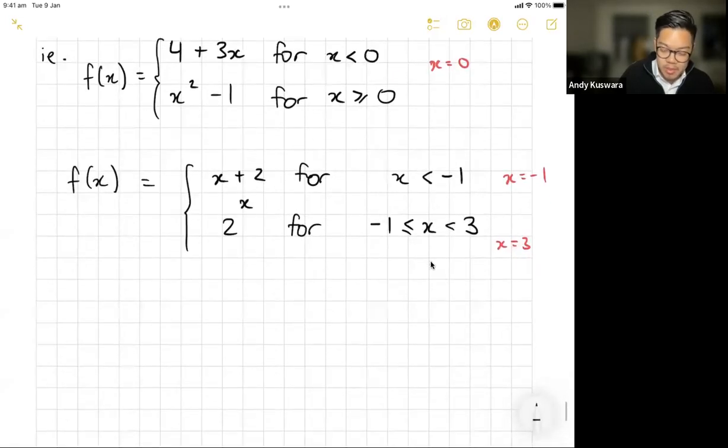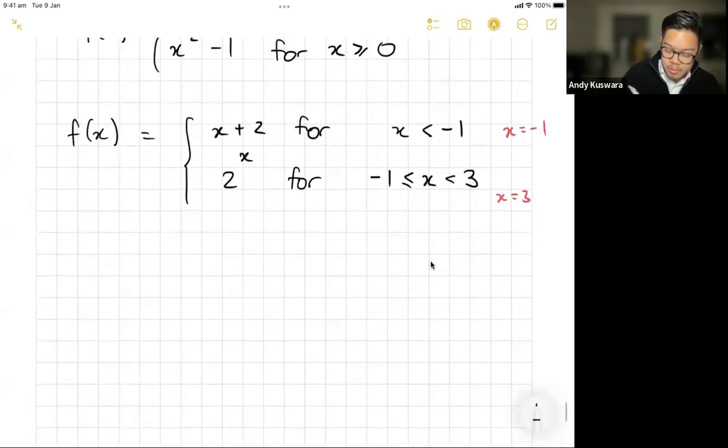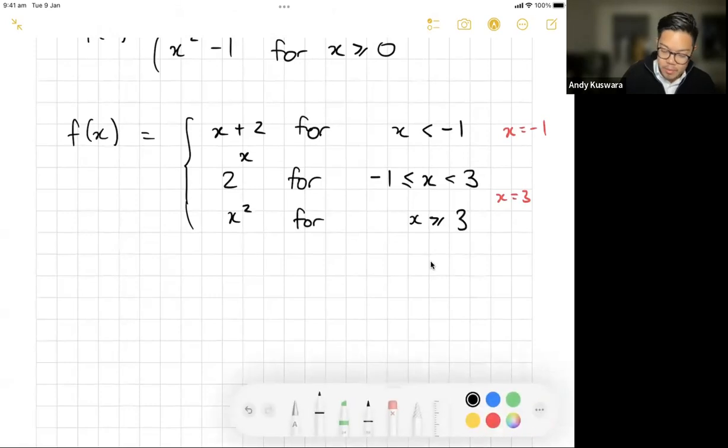Let's actually draw one of these so we can see what it looks like. Let's do something as simple as x squared for x greater than or equal to 3. So we can see that there's two things that happen.